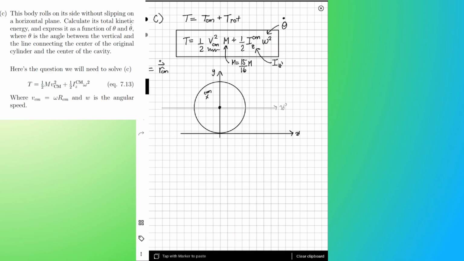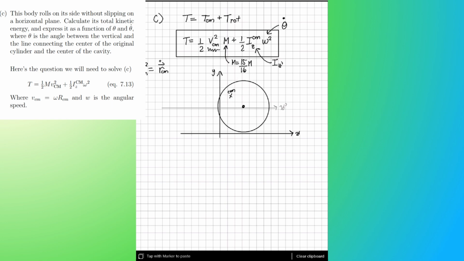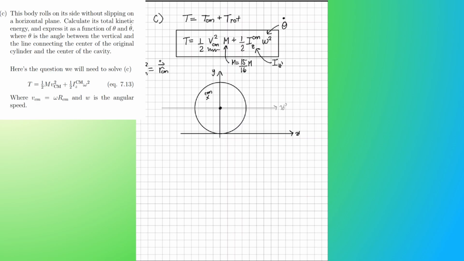And since it's rolling without slipping, it's also moving to the side. And this position, we already know that the movement to the right is x equal to r theta. So this would be if the center of mass were at the geometrical center: x is equal to this and y is just equal to r.